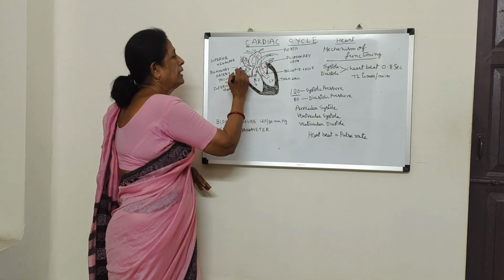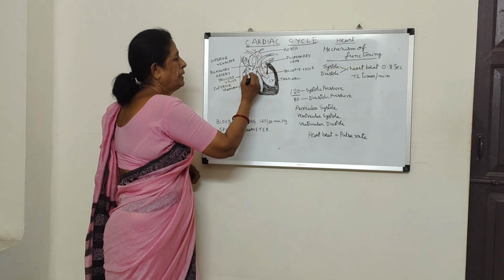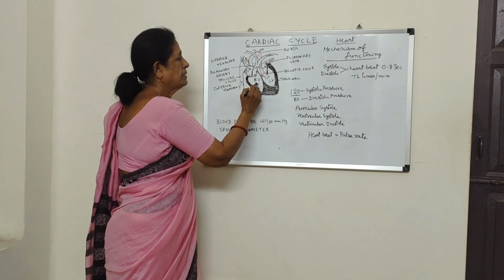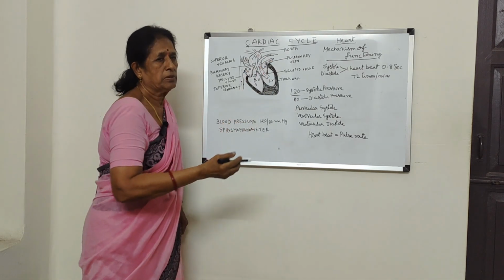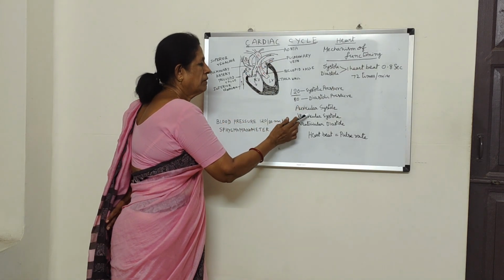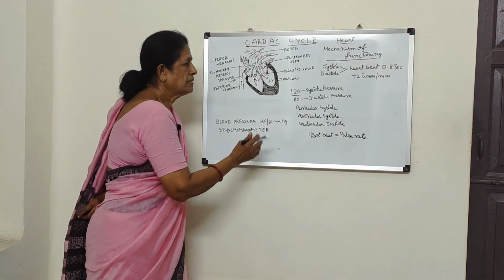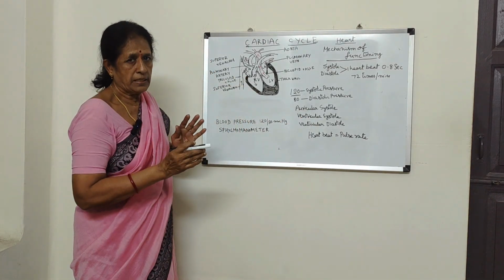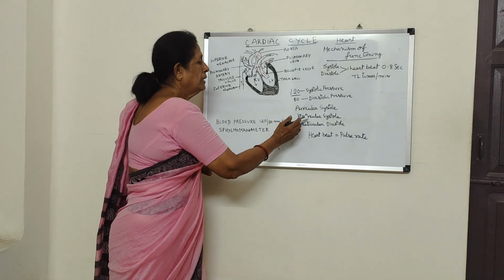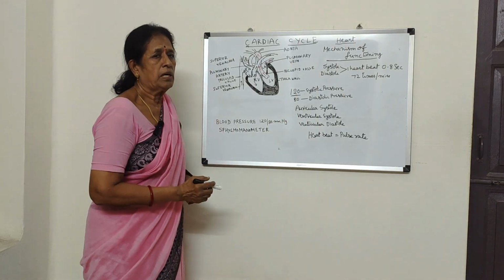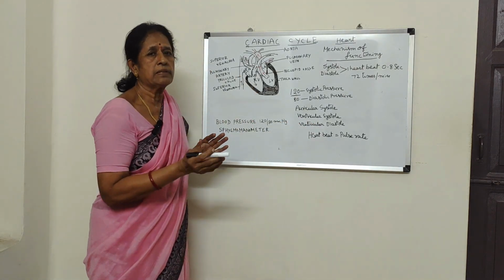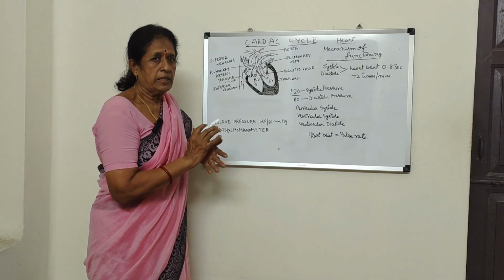Again the auricles receive blood from body parts, the blood flows into the ventricles, and from the ventricles the blood flows out. When ventricular systole is taking place, the auricles begin to relax and expand. Next, ventricular diastole: after pumping the blood, the ventricles relax and expand.